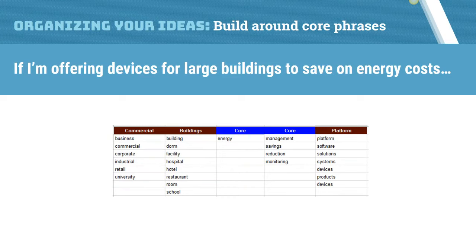So if I'm offering devices for large buildings to save on energy costs, you remember from the slide before, energy savings was a core term, but it was giving me a lot of irrelevant traffic. So what I'm going to do here is basically build around it to make those more relevant. You can see the extra columns I've added here with keywords like platform and software.